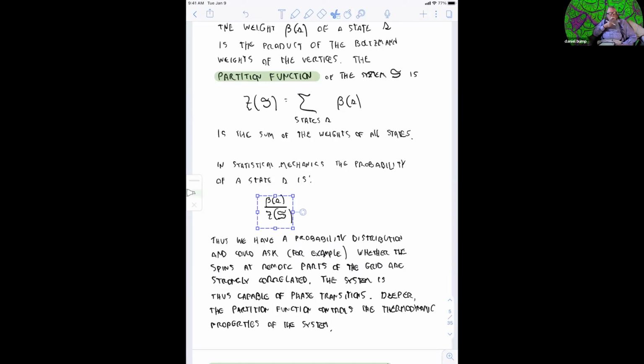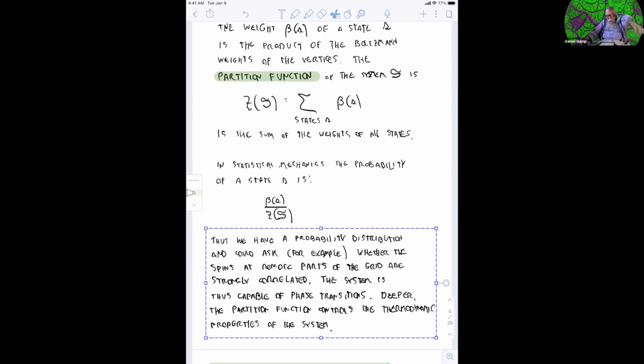And so you could have systems that are frozen, such that there are such correlations, or you can have systems which are unfrozen. And the Boltzmann weights and the partition function control these questions. So the partition function is quite important.